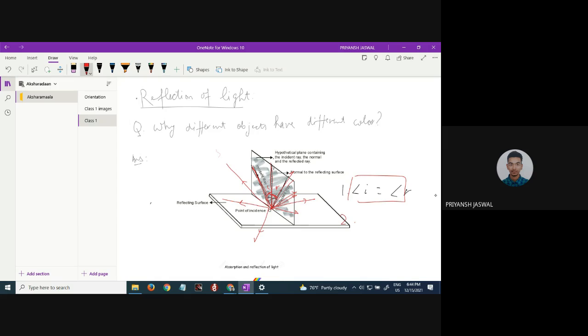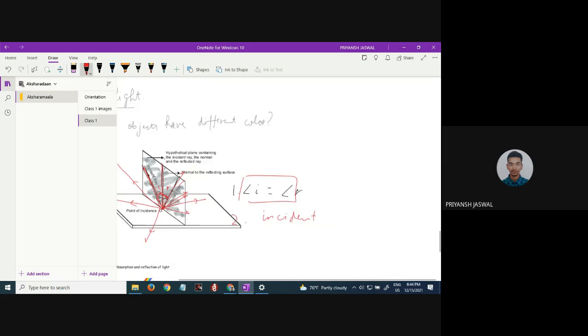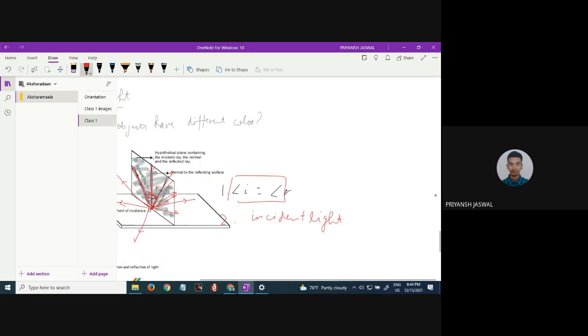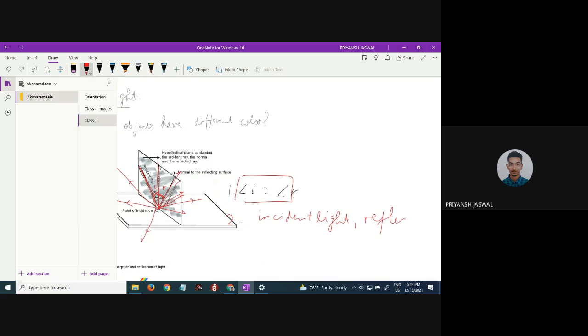The second law is that the incident light, reflected light and normal all lie in the same plane.